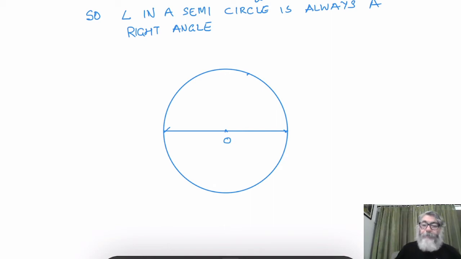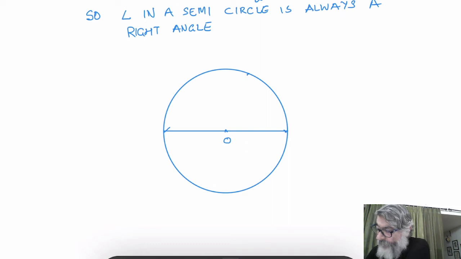Okay, let me draw a straight line, for example.